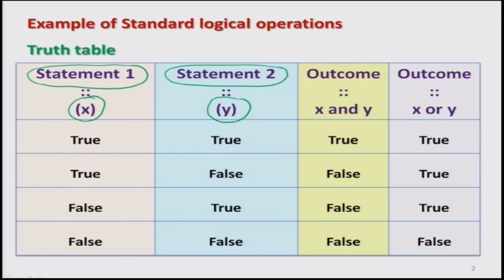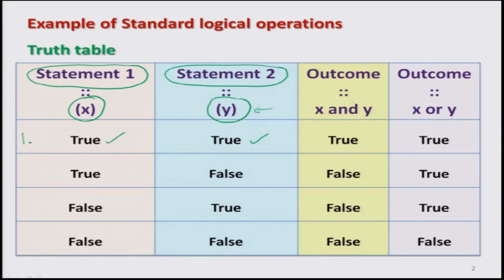Now suppose the first situation is that statement 1, or x, is true, and statement number 2, denoted here by y, is also true. Now I have two operators, one is and and another is or.